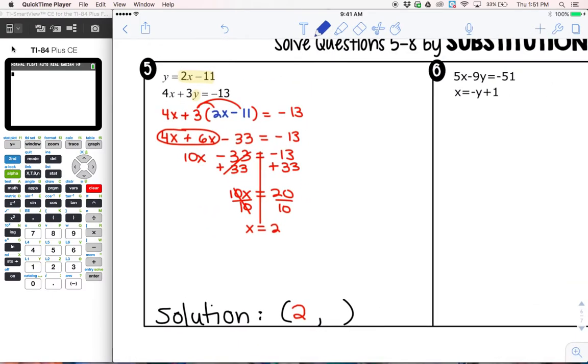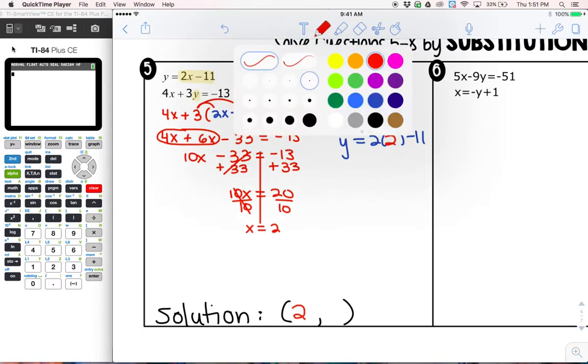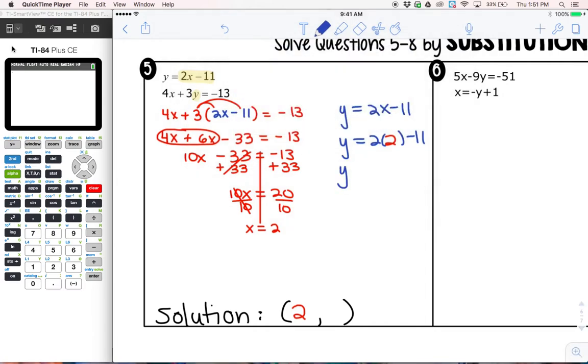So if I already know, because they told me, that y was equal to 2x minus 11, they gave me that equation, and I just figured out that x was 2, now to find y, all I have to do is simplify. 2 times 2 is 4 minus 11. So my y value is simply negative 7. All right, and I've got my answer. My solution is 2, negative 7.